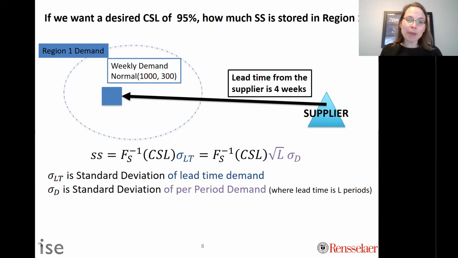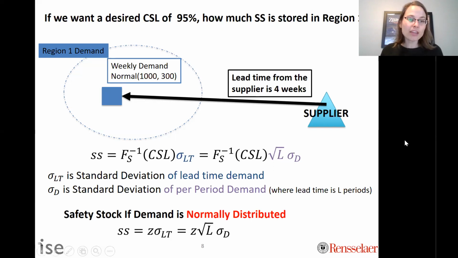And so as a reminder, we are given the per period, but we need to get the standard deviation of lead time demand. And if our demand is normally distributed, then we get to calculate safety stock using this equation. And so in this example, we are normally distributed, so we get to use the Z value. And the beauty of that is we don't have to play around with calculating tediously the cumulative distribution function.